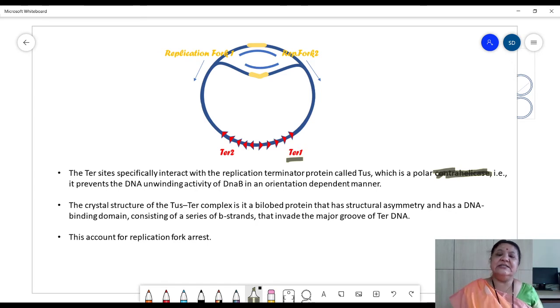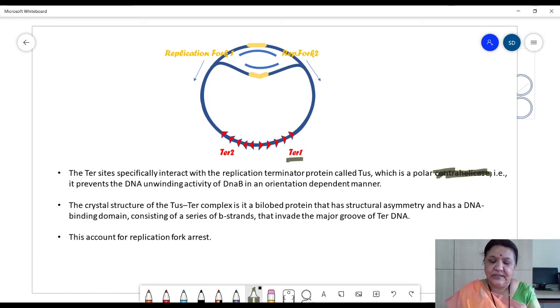Tus proteins are a special class of proteins, also called contrahelicases, which stop the helicase activity seen at the time of movement of the replication fork in the replisome complex. These are the proteins utilized by Ter sequences, called Tus proteins.